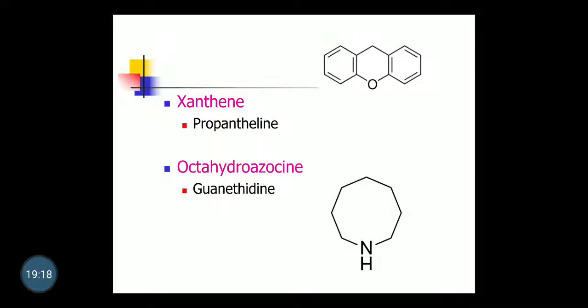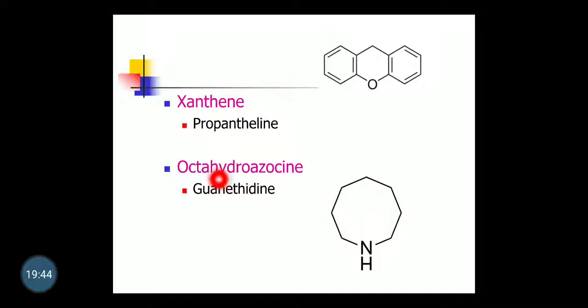Next, octahydroazocine is the last heterocyclic ring, and it is again an important one. Octa stands for 8, hydro stands for hydrogens, and azocine is normally an 8-membered ring. Aza stands for nitrogen, and cine is the suffix for an 8-membered ring. Octahydro means there will be 8 hydrogens in an 8-membered ring.